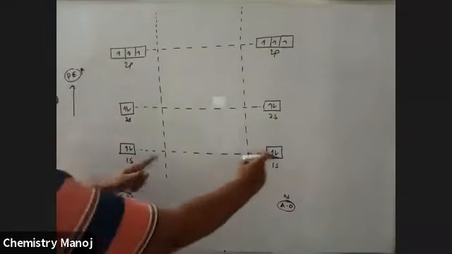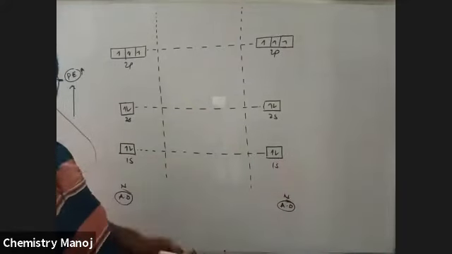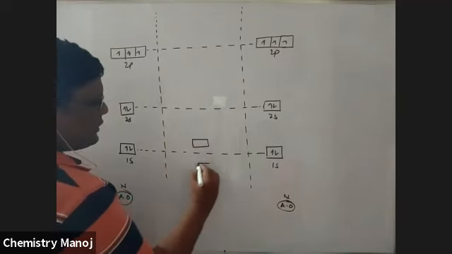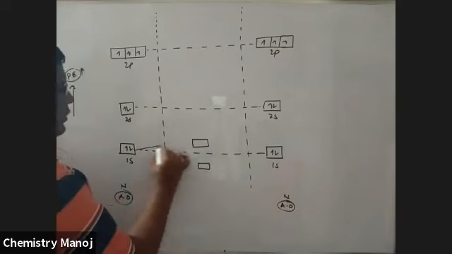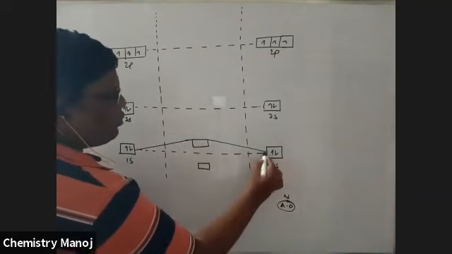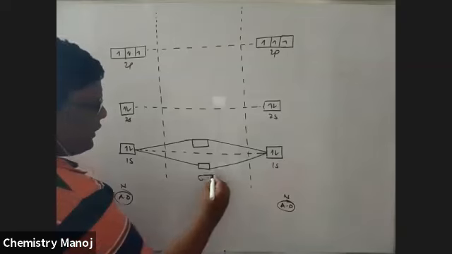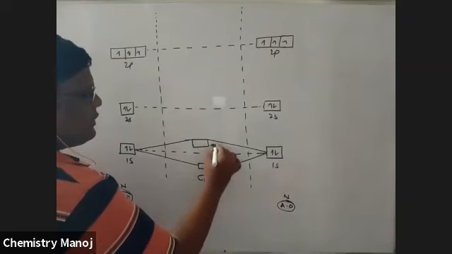Combination of these two orbitals gives two new orbitals, one having more energy, another having less energy. This is the higher energy orbital and this is the lower energy orbital. These two come from the two 1s orbitals. This is the sigma 1s orbital and this is the sigma star 1s orbital.